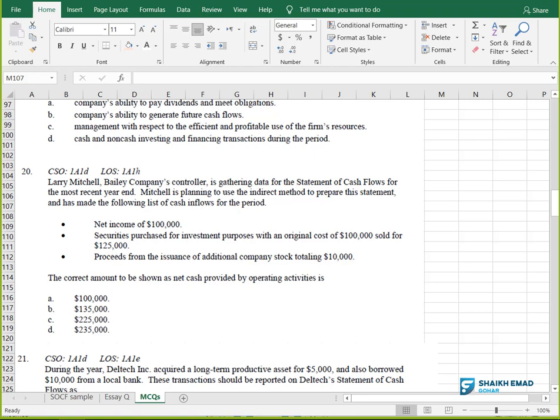So last year we recorded minus 100 in investment activities. This year we sold for 125, so we will add 125 in investing activities. Getting it? This difference of 25 you are not adjusting in net income. That is not your gain on disposal of property, plant, equipment. Getting the point, everyone? So the answer is 100,000. A is the answer.